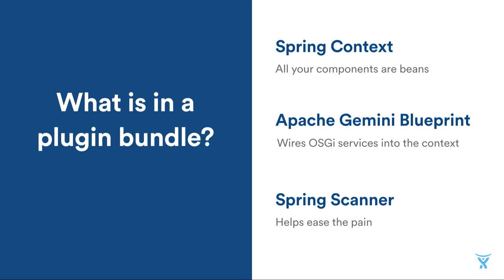So the Spring Scanner is the tool that we use to try and hide some of that boilerplate complexity from us. Using simple annotations, like ComponentImport, we specify what we'd like to make available, and we allow that Spring Scanner to generate the manifest for us. It's not perfect.